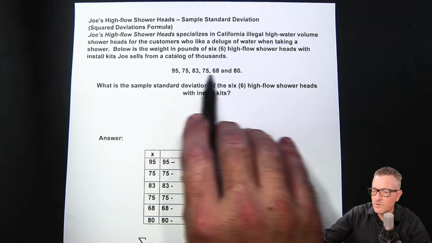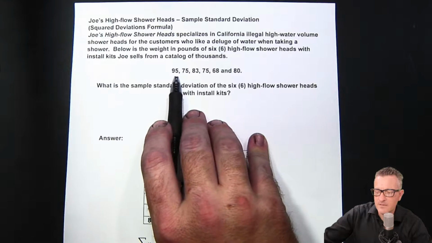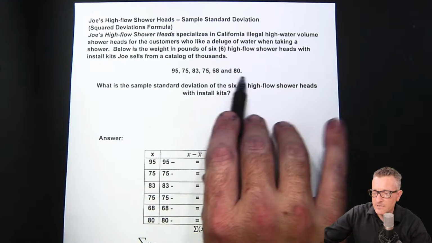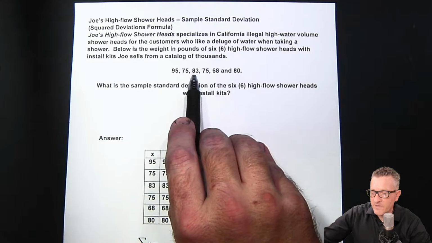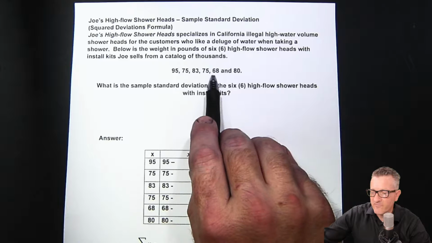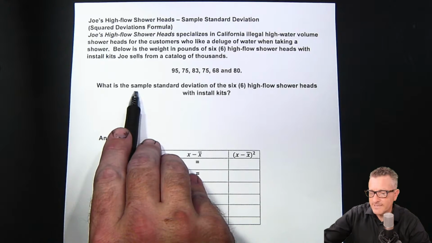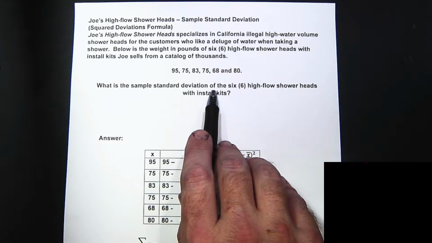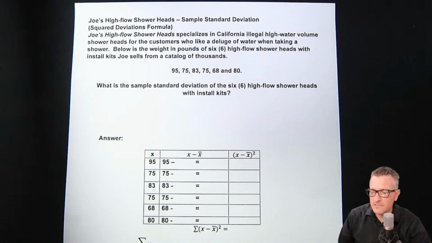Okay, so here are the weights. That must be some really heavy shower heads and install kits. So 95 pounds, 75 pounds, 83 pounds, 75 pounds, 68 pounds, and 80 pounds. Okay, and it says, what is the sample standard deviation of the 6 high flow shower heads with install kits?